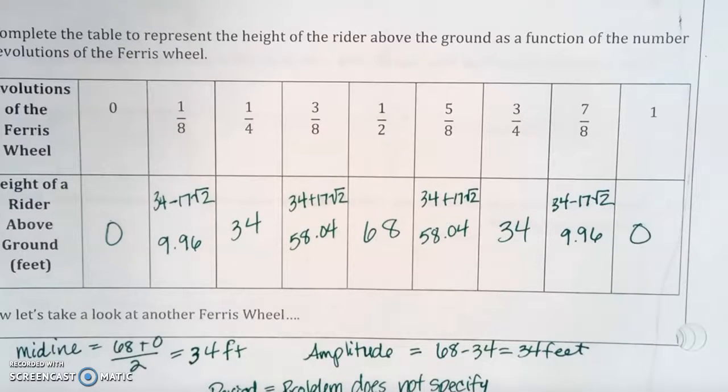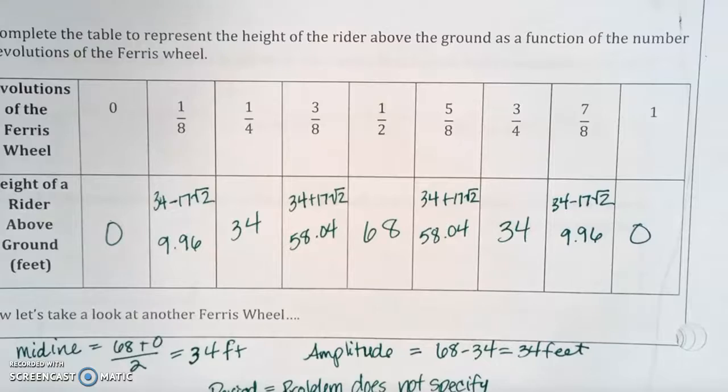The most obvious ones are at a half rotation, you're at the highest point right there, which they said was 68. Half of the half, which would be a quarter, you're at 34, and half of the second half, you'd be at 3/4, which is also 34.